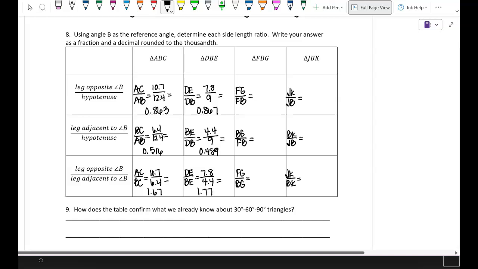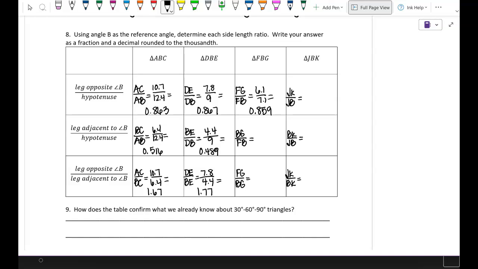Do the same thing now for triangle FGB, or FBG, excuse me. This would be 6.1 over 7.1. Again, these are my measurements based on my triangle, which gives me 0.859.